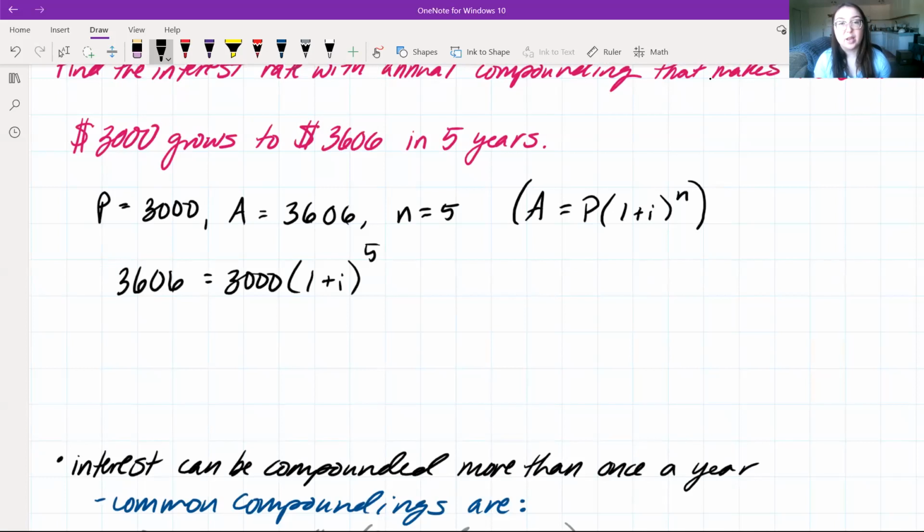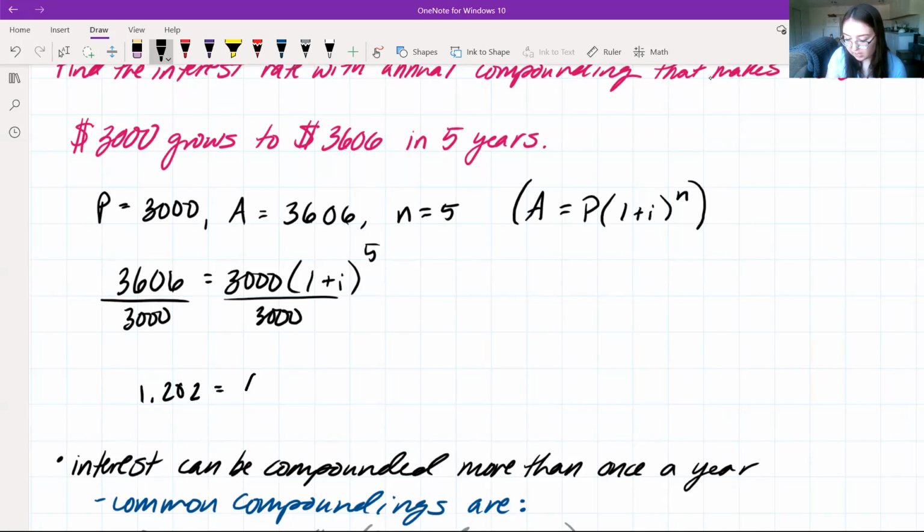Now we're solving for I, so we want to simplify this as much as possible. So we're going to divide by 3,000. And in this case, we are going to get 1.202 is equal to 1 plus I to the 5th power. And we want to get rid of that 5th power, and we know how to get rid of it.